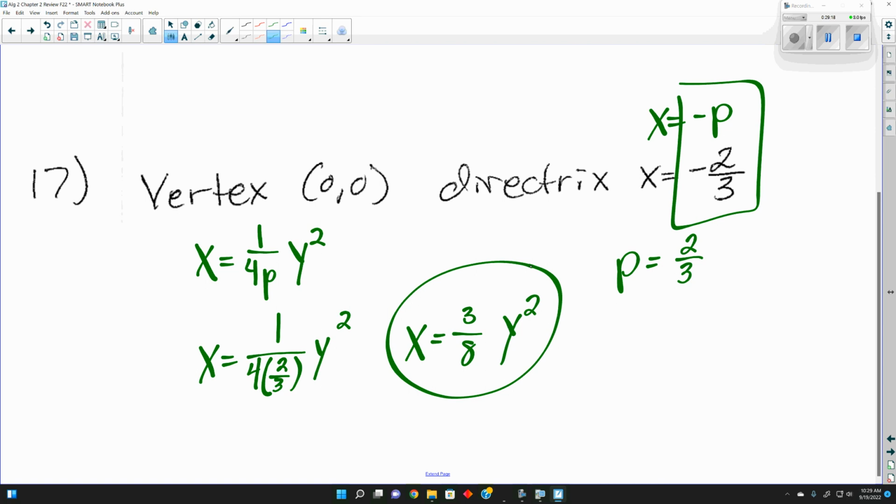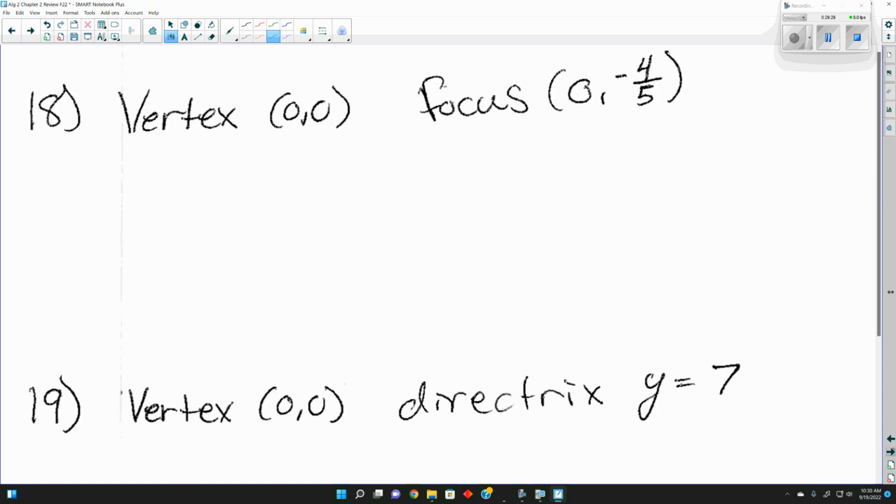Questions on this here? You good with this here? Yes? Any other questions on these here with vertex and focus and directrix? Equals 1 over 4p x squared.